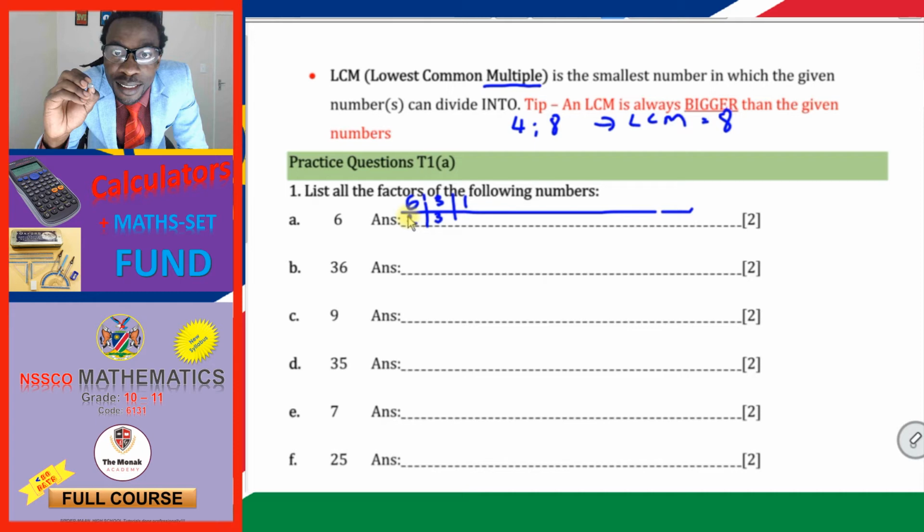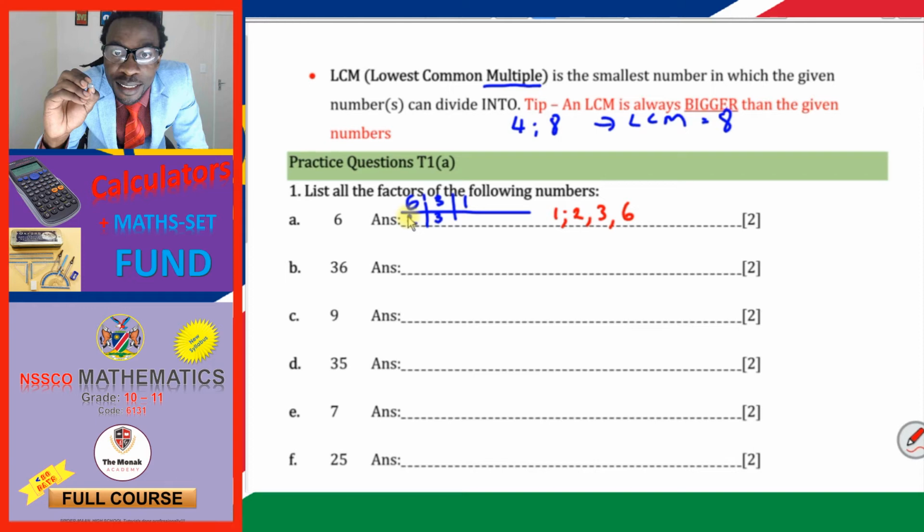So when we rewrite, we know 1 is a factor, as you can see, 1 is there, followed by 2, followed by 3, and followed by 6. All of these are factors of 6. They said list all. So we list 1 and the number itself and anything else.